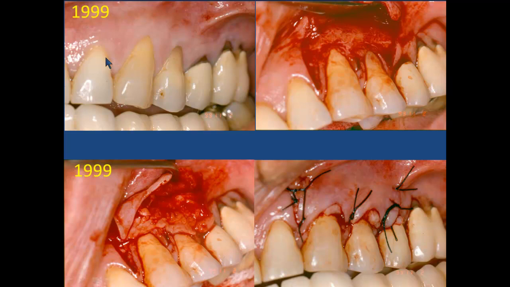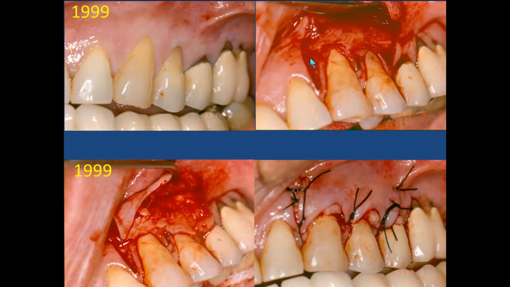The decision was made based on the receding condition and the lack of attached gingiva to proceed only for the upper left 3 and 4 for the subepithelial connective tissue graft in order to cover the root surface and create an attached gingiva.